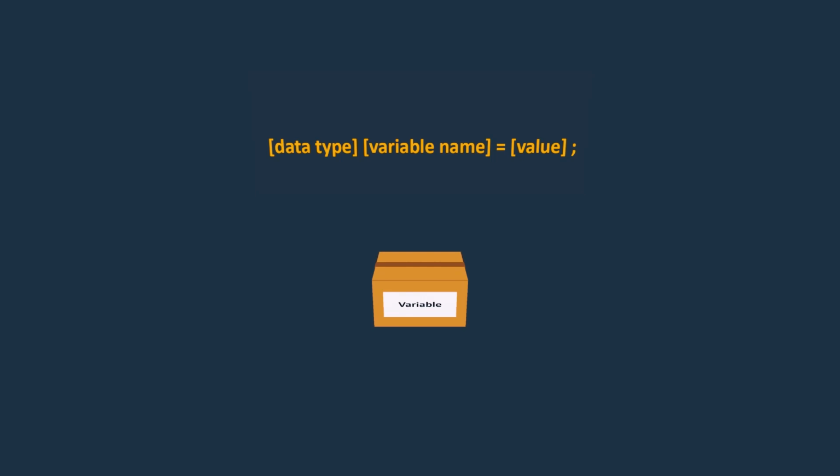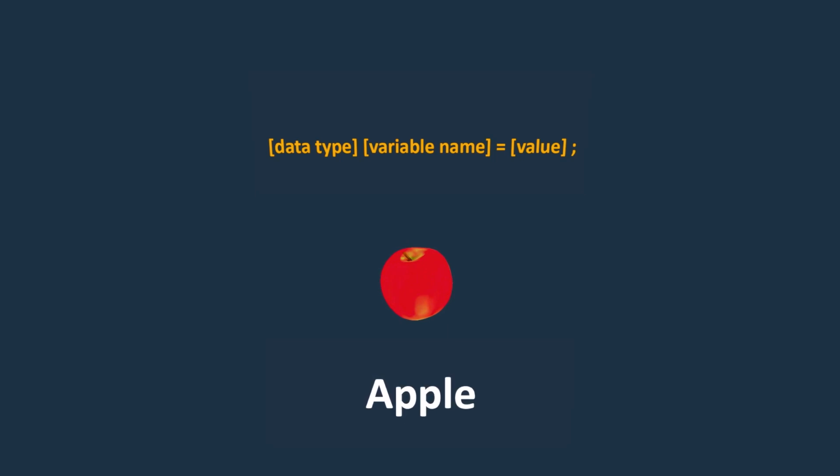Depending on what data we wanna store, there are several different kinds of data types, such as string, int, and boolean. When our data is a sequence of characters, we have to use the string data type. For example, to store the name of a fruit such as an apple, since APPLE is a sequence of characters, we have to use the string data type.